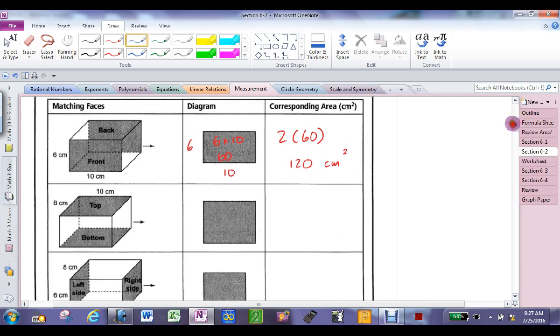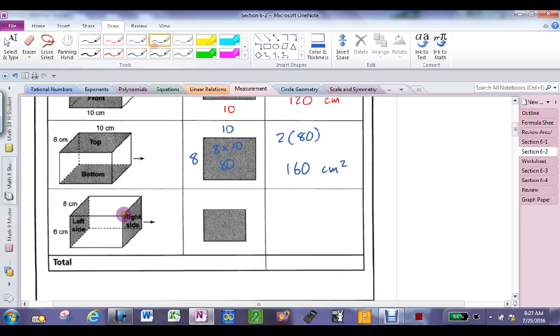How big is it? 8 by 10, making it how big? 80. And then what do I have to do? There are 2 of them. So it's 160. Yeah? Easy. You can do this in your head when it's not decimals, can't you?